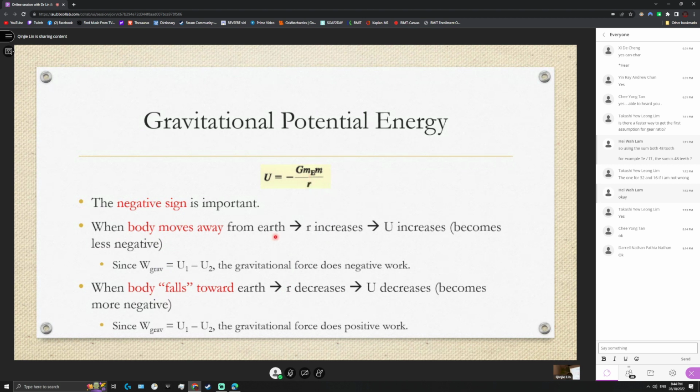When we move away from Earth, let's say we move upwards, r increases. What happens when this r increases? This value will become smaller, right? But there's a minus sign in front. So it becomes less negative.